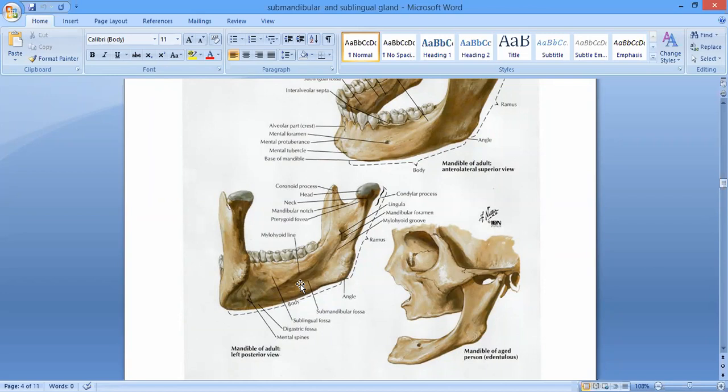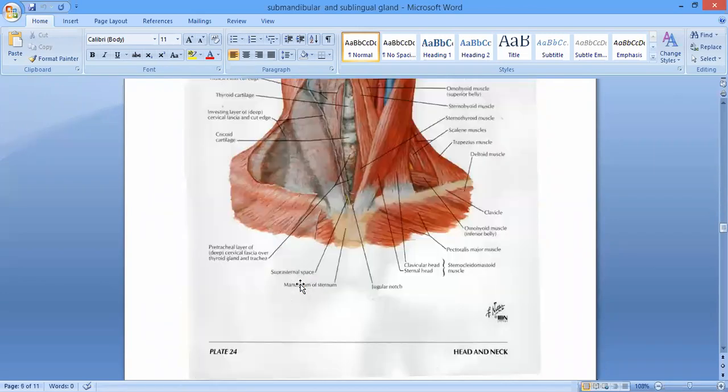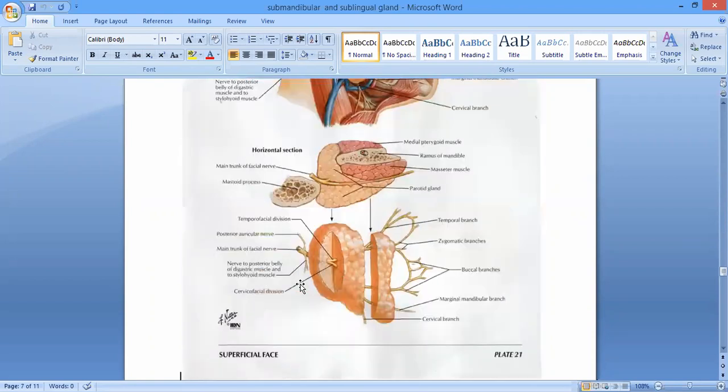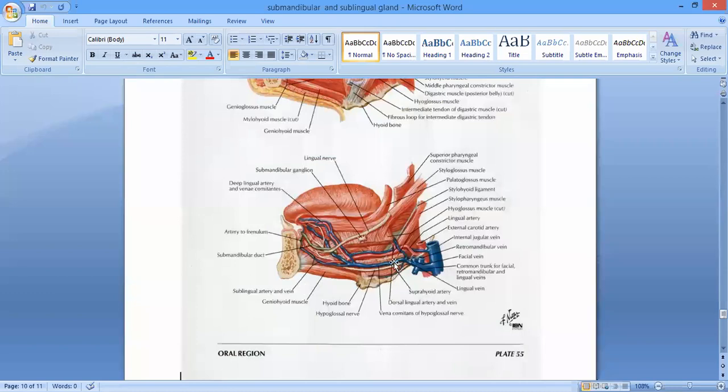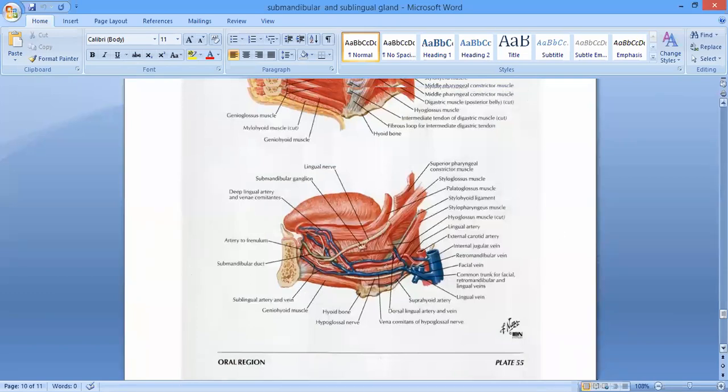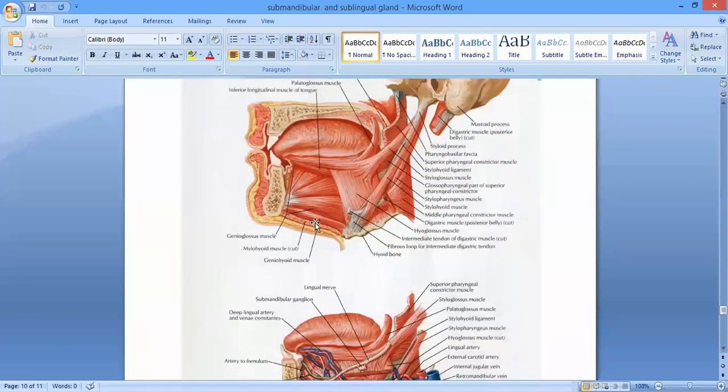Is it clear? Now the medial surface. So this is the place, here, this one, right? The medial surface is of course related to the mylohyoid muscle, which originates from here and comes up toward the mandible.